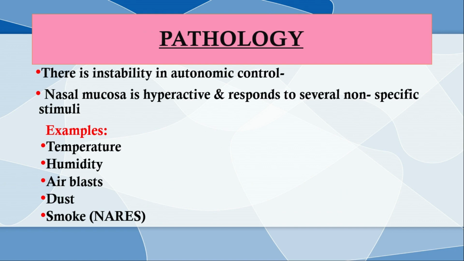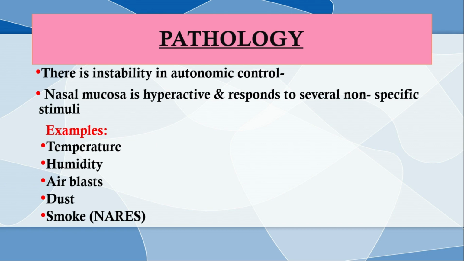Now, the exact pathology of vasomotor rhinitis: there is instability in autonomic control, and the nasal mucosa is hyperactive and responds to several non-specific stimuli.